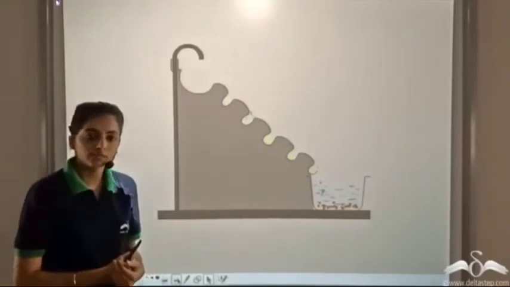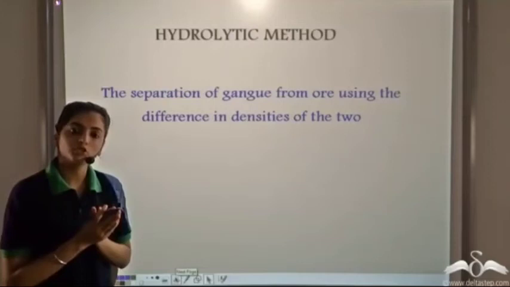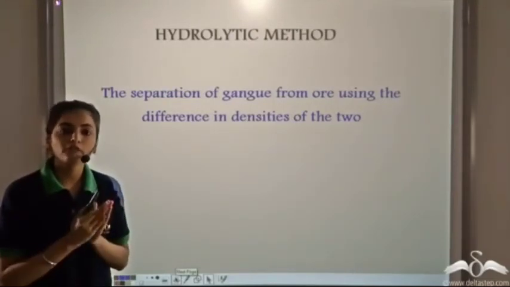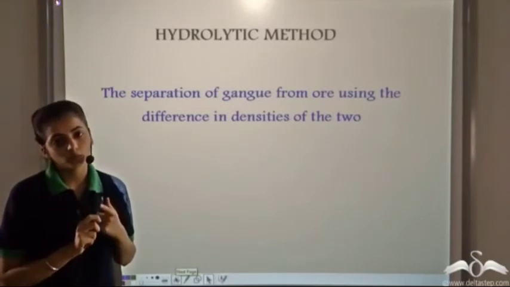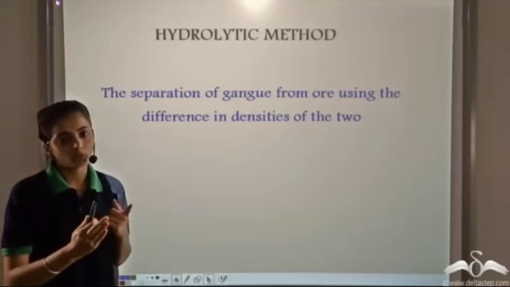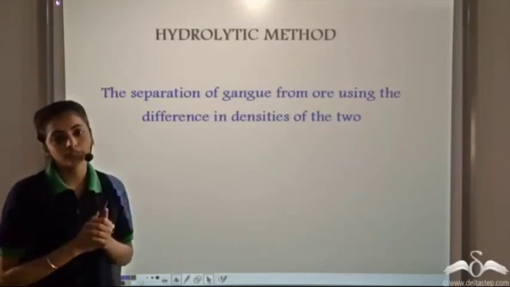So this is the first method, the hydrolytic method, for the separation of gangue particles from the ore, and it uses the difference in density between the ore and the impurities. The impurities being lighter are washed away, and the denser ore particles settle inside the grooves.